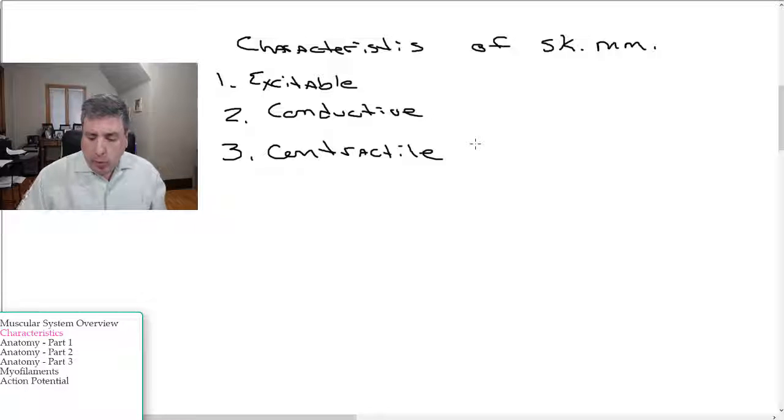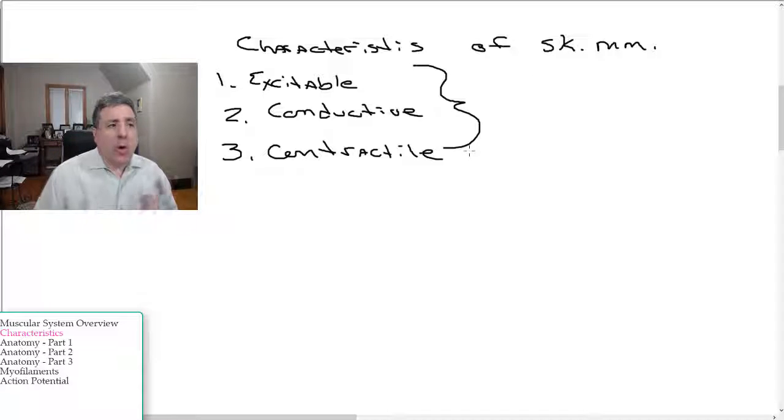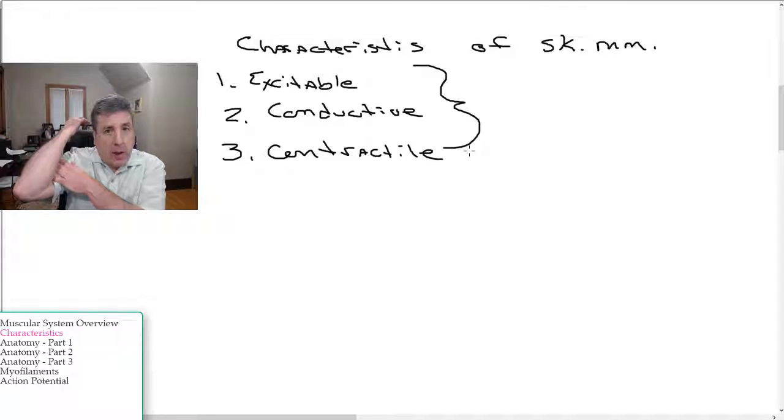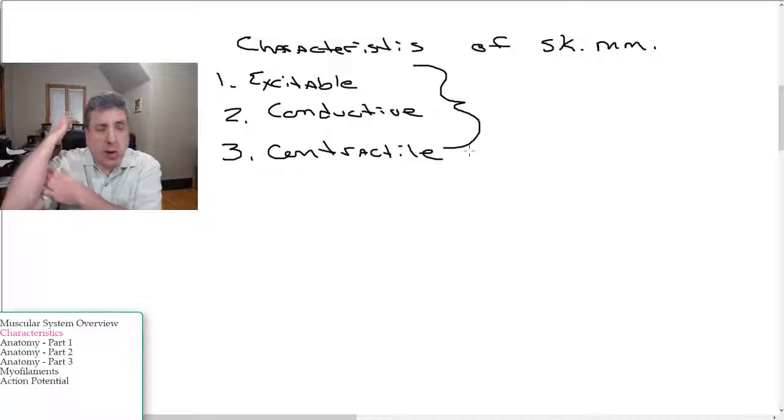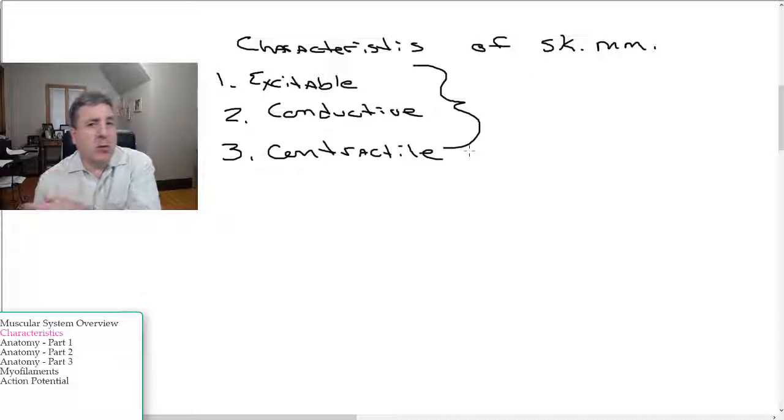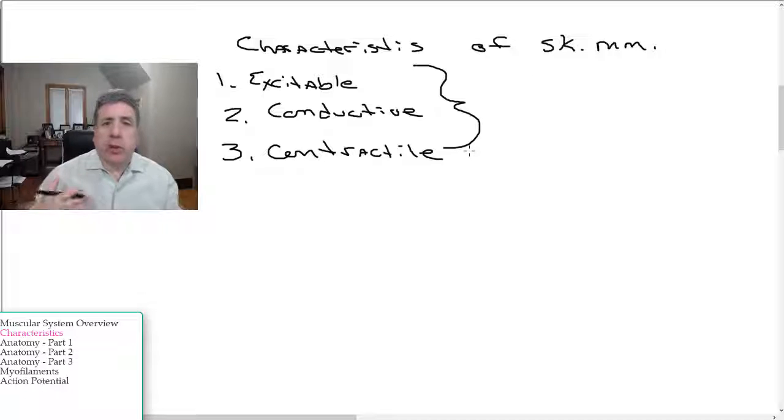Now, the first three here are basically taken together. So it's excitable. It means the cell can respond to a stimulus, okay? And in this case, if I look at a skeletal muscle, my brain starts an impulse that says, okay, contract your biceps, and that causes this muscle to contract. I am sending an impulse down the nervous system to this muscle. That nerve has to communicate with that muscle somehow.